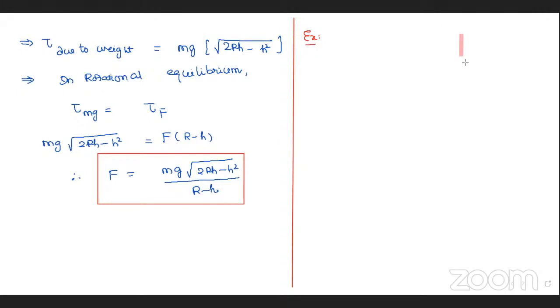This is a cubical block. Cube means all sides are equal. Keep in mind, that is not a square. It is a cubical block of side length small a. It is placed on a rough surface, not smooth.